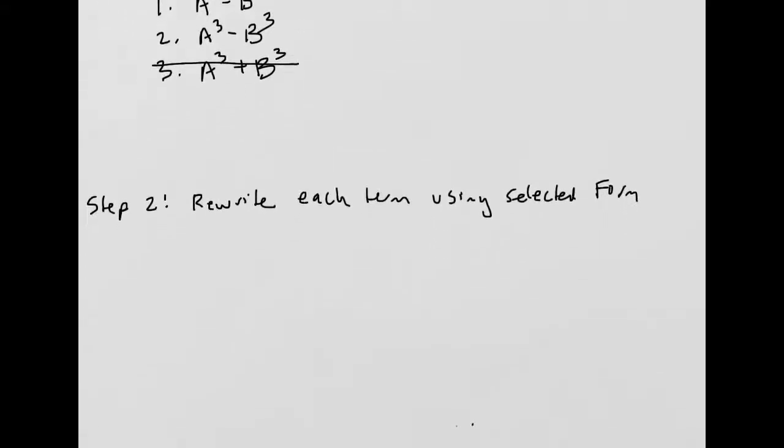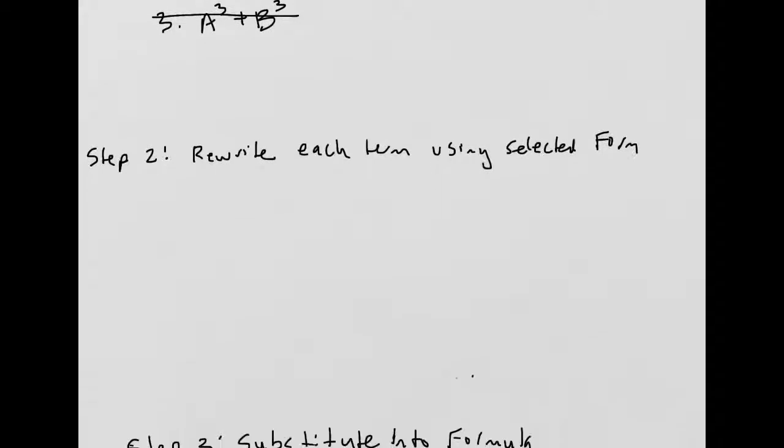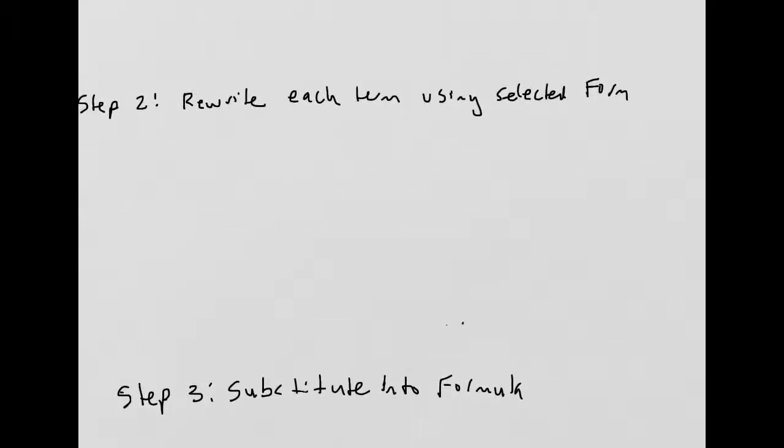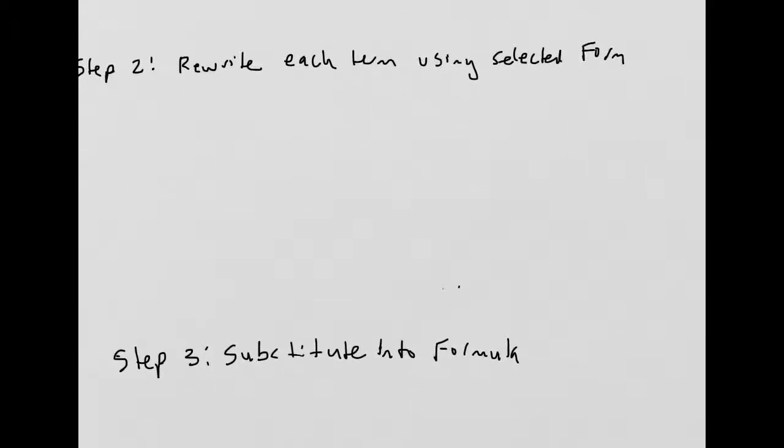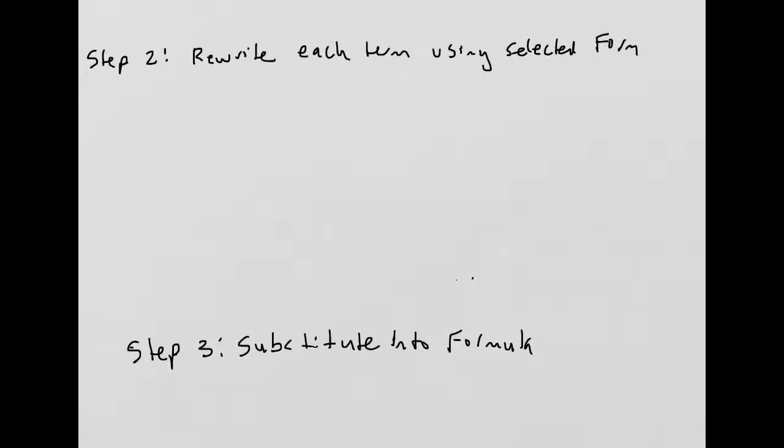Once I've chosen my form, the second step is to rewrite each term using that selected form. So I'm just going to rewrite the form that we selected: a cubed minus b cubed. And our original expression was 125 minus x cubed.